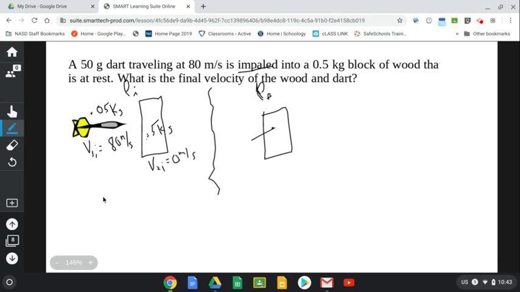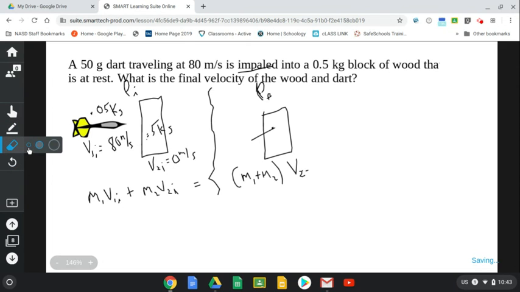So over here, my initial momentum, m1 v1i plus m2 v2i is going to be equal to, now, since these two become stuck together, they act as one. It's going to be m1 plus m2 times v2. All right, we don't need a v2 there.